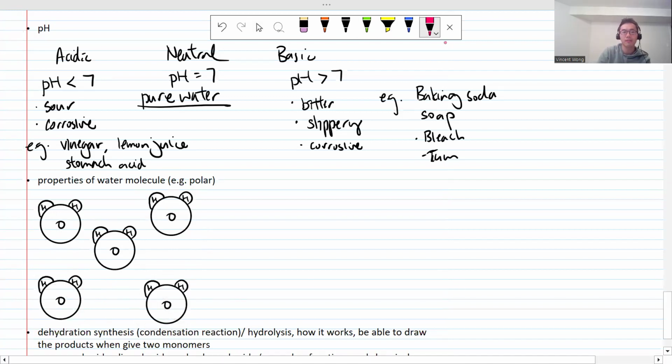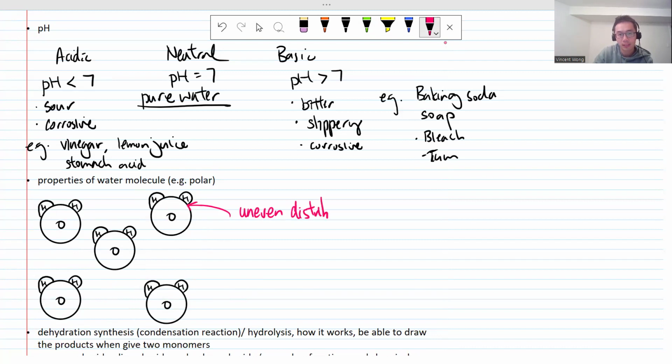And the reason why they have attraction is because the water molecule is polar, meaning there is uneven distribution of electrons between the oxygen and the hydrogen.